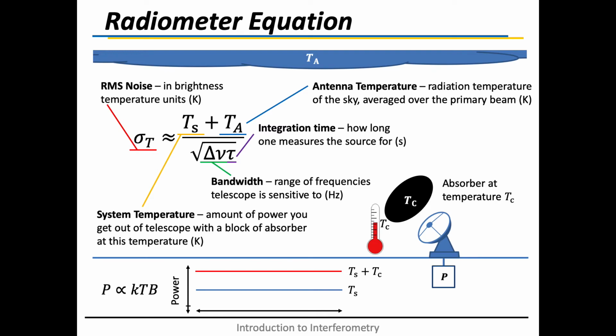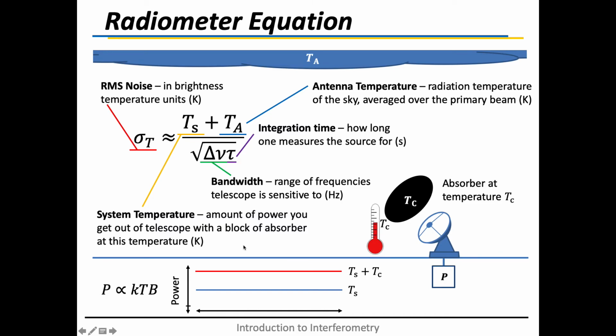Instead you had a perfect antenna and just a block of absorber at 40 Kelvin. What you would measure with the antenna would be basically identical to what you would measure with the system noise coming from the telescope itself. So the system temperature is basically a way of describing the noise of the instrument using brightness temperature units.